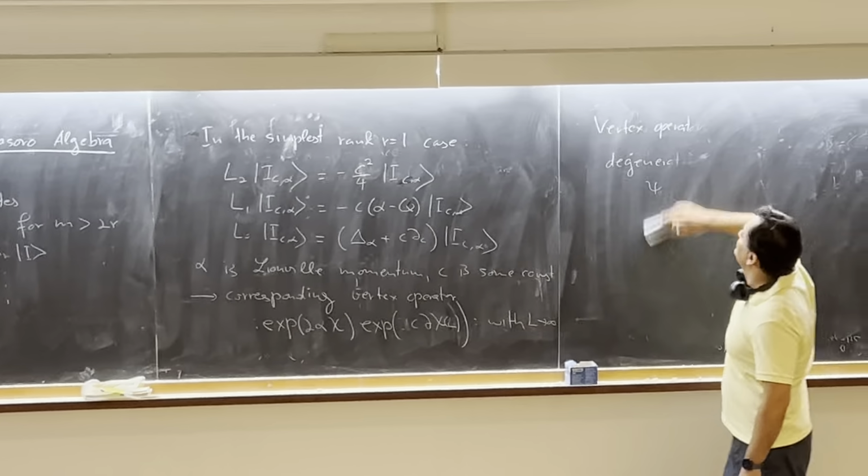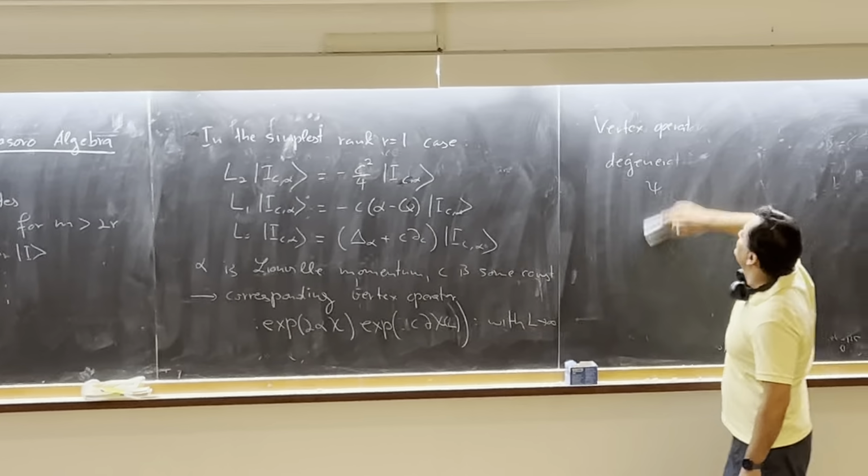They will depend on some alpha and a collection of parameters C. As was mentioned in Oleg's talk previously, they depend actually on n parameters. You can re-express these lambdas in terms of parameters C, so they will depend on n parameters C and this alpha, and the corresponding vertex operator has the following expression.